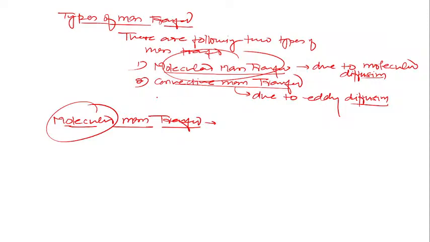So molecular mass transfer is due to molecular diffusion, and it is mass transfer that takes place at a very low rate. It is very slow.